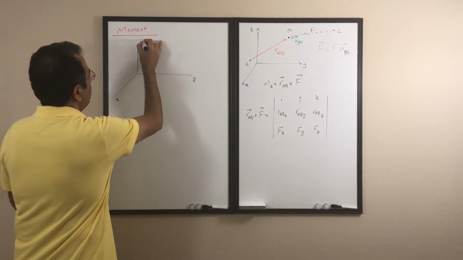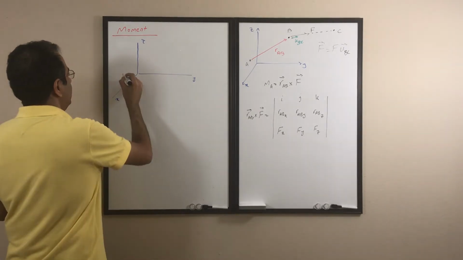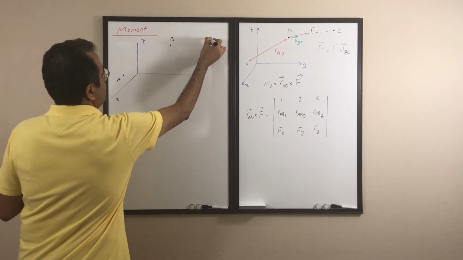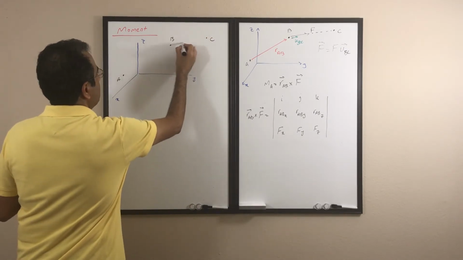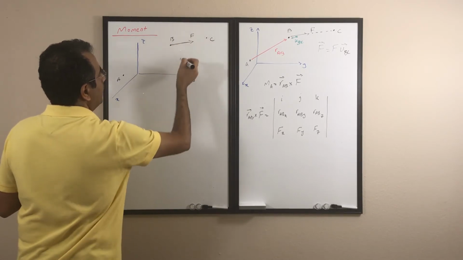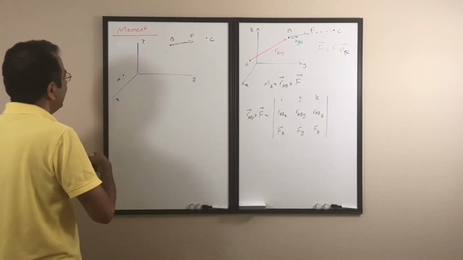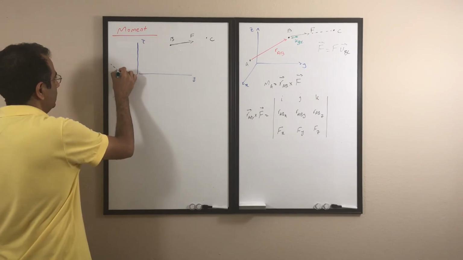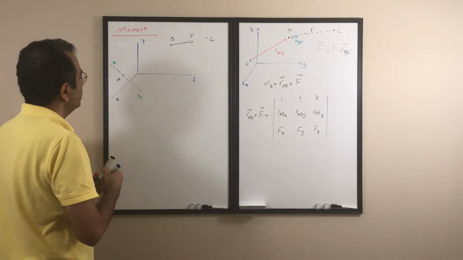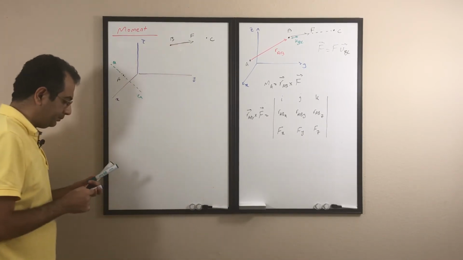X, Y, and Z, and I have point A, point B, point C, and I have a force at point B. I want to find the moment of that force about an axis going through here. Assume that's the axis AA. I want to find the moment of that F about AA.